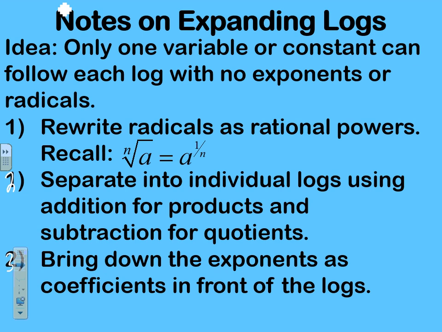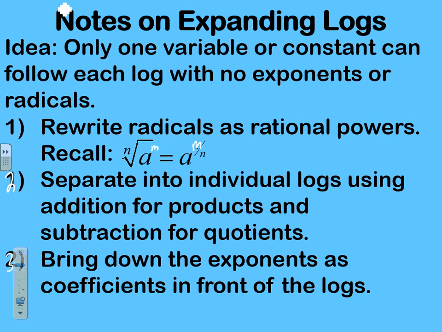Now, the first thing is something that you didn't see when we were condensing: if I have a radical in a logarithm. Well, the a, remember, has some exponent. I'm going to call it m.